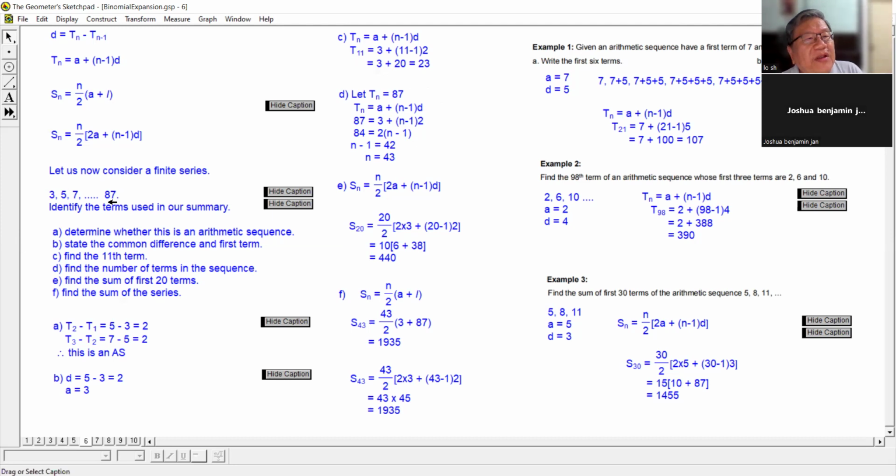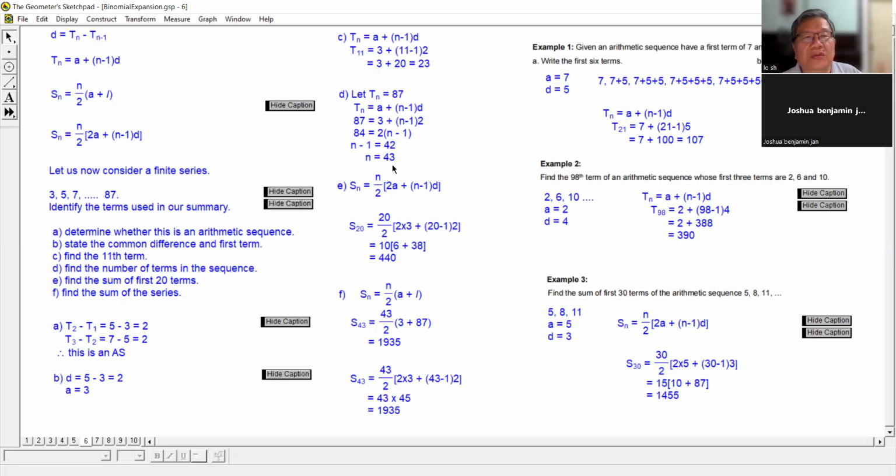Then, for example, here the last term, I don't know what number it is, so I call it Tn, right? So Tn is 87, a is 3, n I don't know, but d I know is 2. Solving the equation for the value of n, you know how to solve equations, right? I found out n is 43.